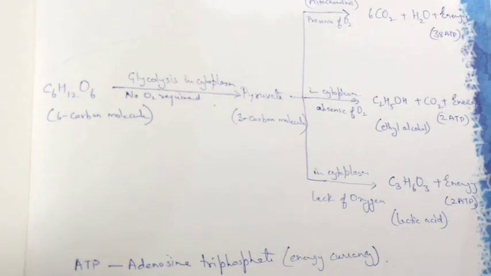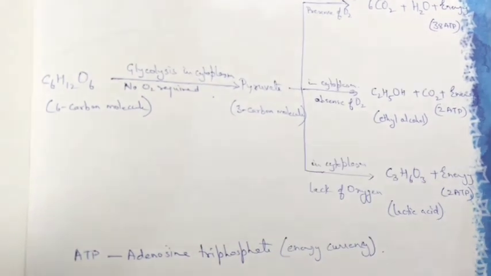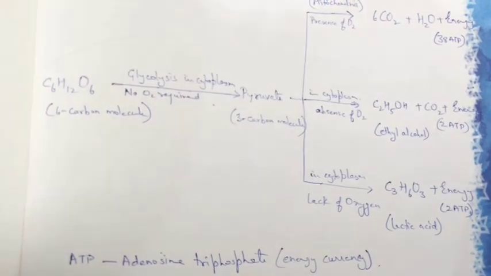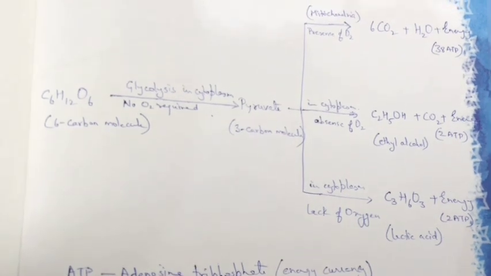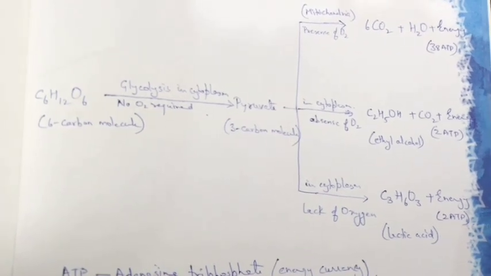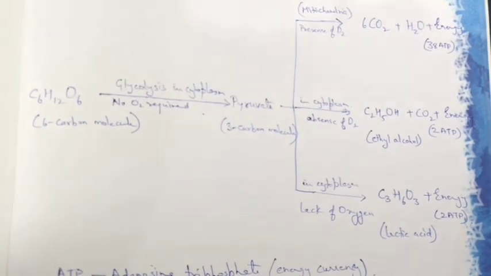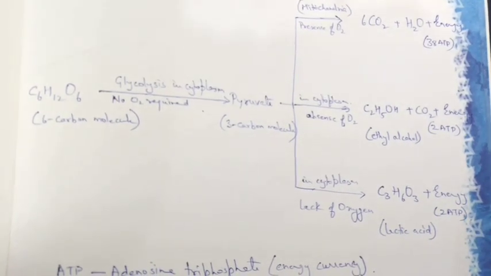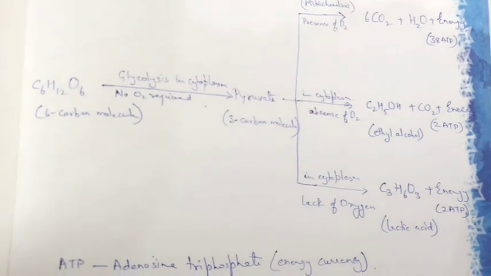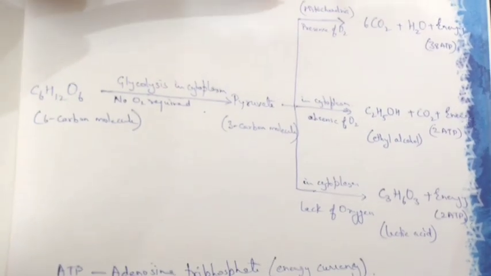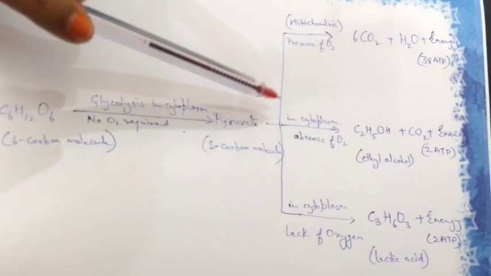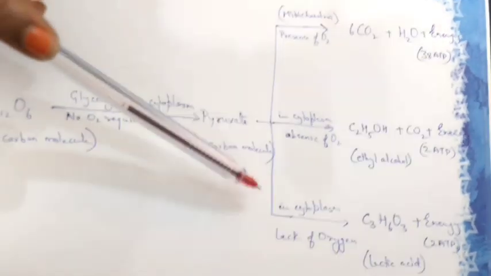The process occurs in the cytoplasm of the cell and it does not need the presence of oxygen, right? Further breakdown of pyruvate molecules depends upon the availability of oxygen. So, we have 3 conditions: if oxygen is present, if oxygen is absent, or if oxygen is in scarce amount.